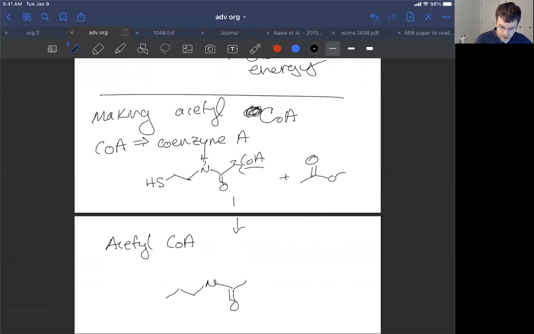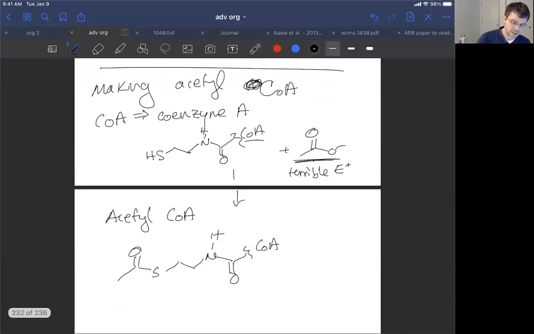First of all, of the carboxylic acid derivatives that are present, carboxylic acids are some of the worst, and carboxylate ions are the worst electrophiles in addition-elimination sequences to generate more carboxylic acid derivatives. This is a terrible electrophile. Why is it a terrible electrophile? Because it's actually a good nucleophile. We want sulfur to be the nucleophile to add to it like it's an acid chloride, which isn't going to happen. So what do we do instead?